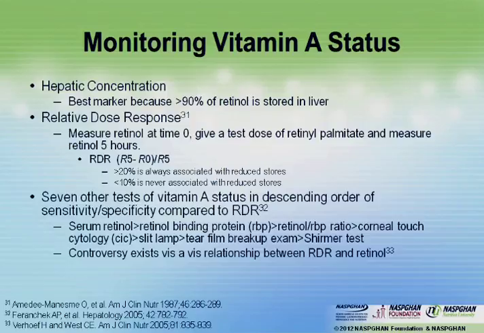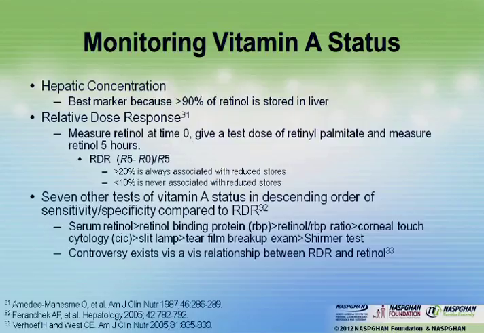Drew Ferenchek and Ron Sokol looked at the various tests that we do. They had 25 patients who were cholestatic and 10 patients who weren't. They had some liver samples, and they measured liver vitamin A. And when you correlate liver vitamin A with the RDR, there is a very high correlation, 100% specificity, about 80 to 85% sensitivity.